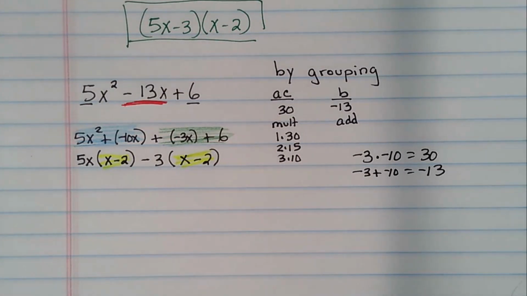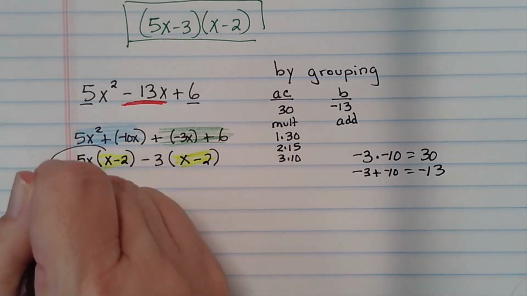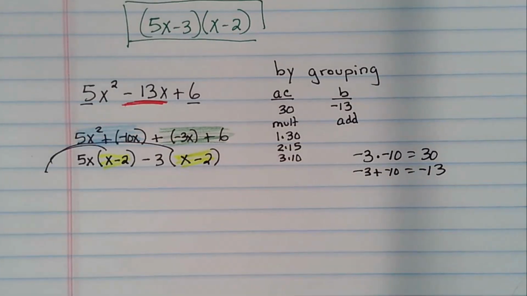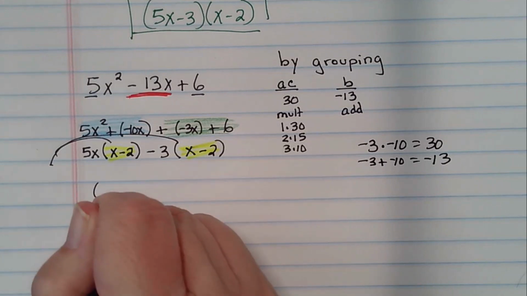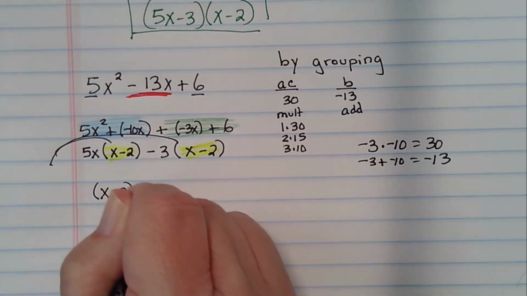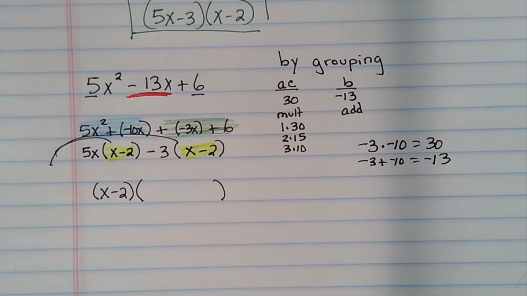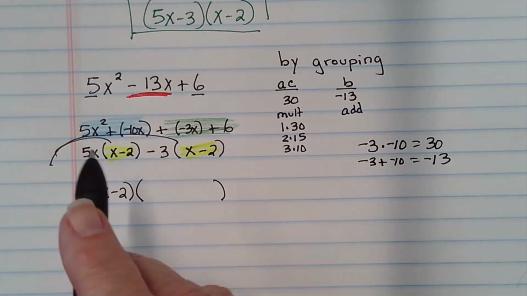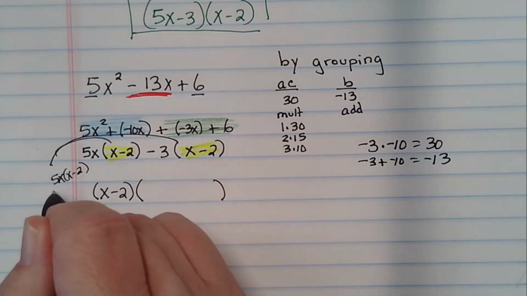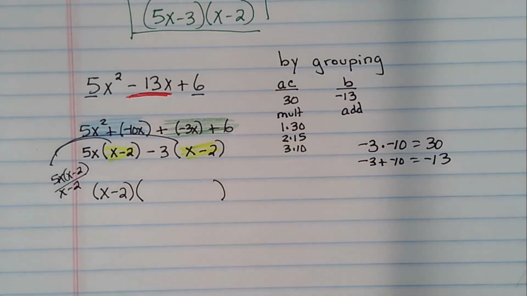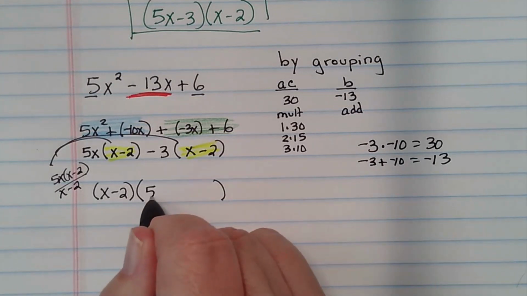So we are now going to take that common factor and factor it out. So I get my common factor of x minus 2. Keeping in mind, when I factor something out, I'm actually doing division. So if I take 5x times x minus 2 and I divide by x minus 2, what I have left is 5x.